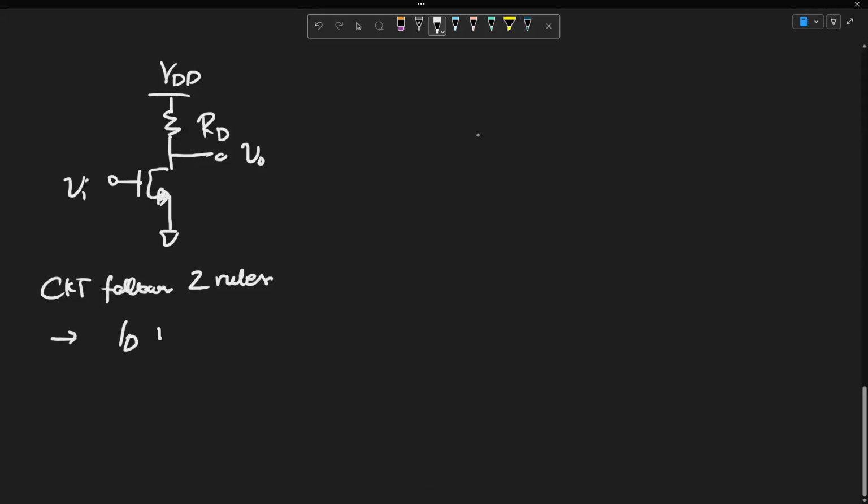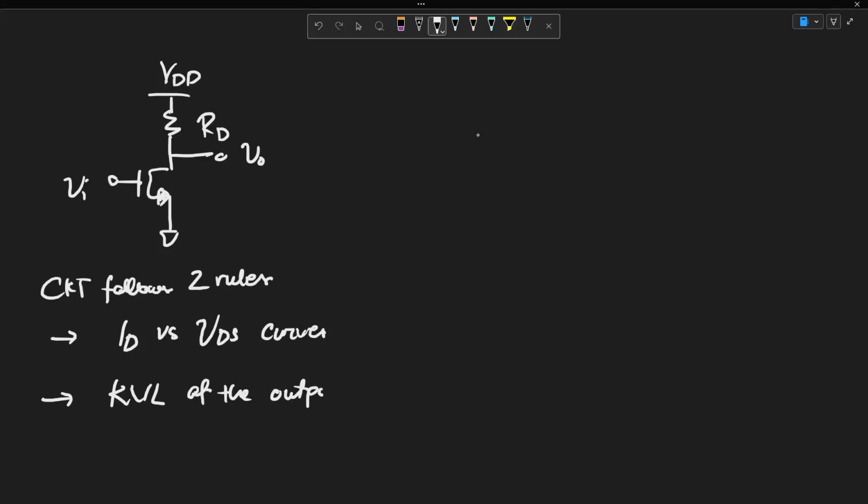We have the ID versus VDS curves of the MOSFET, and we also need to follow the KVL at the output loop, no? Quite simply, these are your two equations.